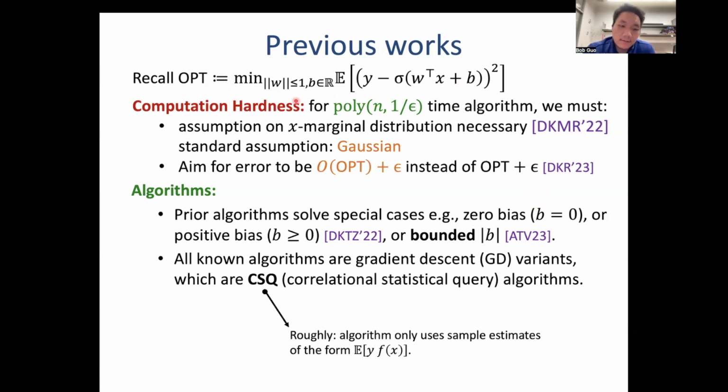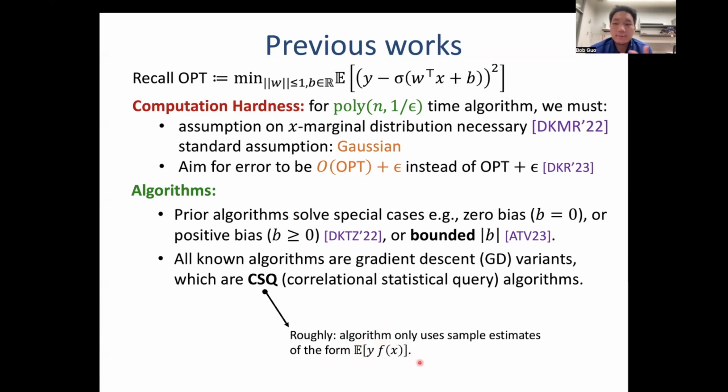We also note that all known algorithms are gradient descent variants, which are all CSQ algorithms. CSQ stands for correlational statistical query. This is a model of algorithms that restricts what the algorithm can do. Roughly, it means that the algorithms can only use sample estimates of the form expectation of y times some function of x.